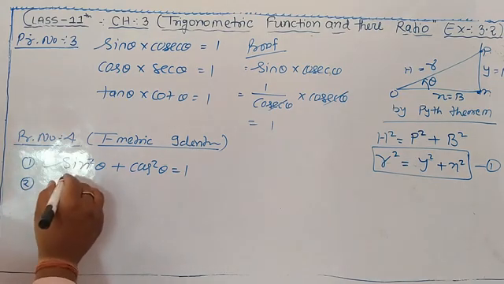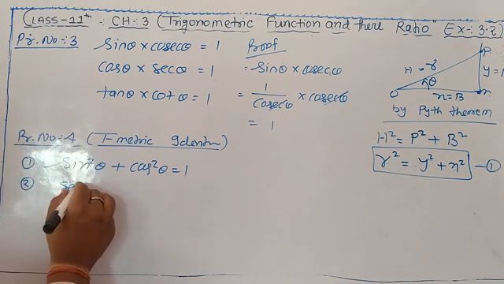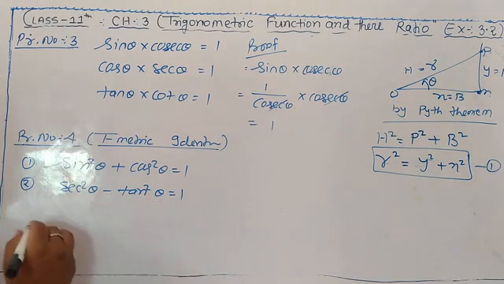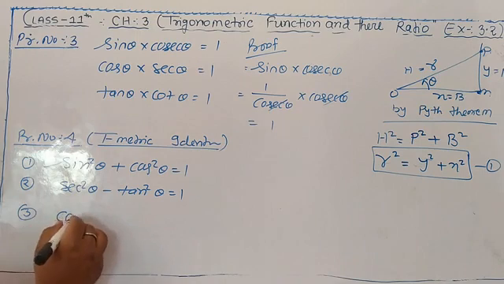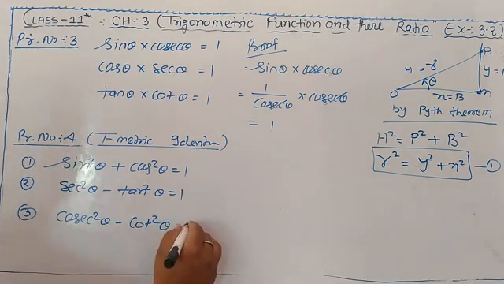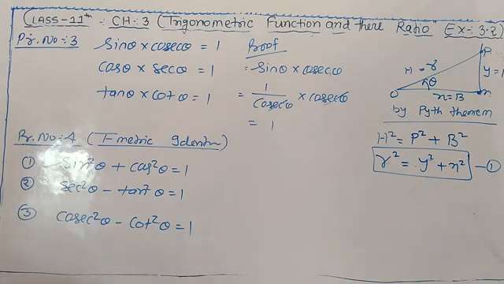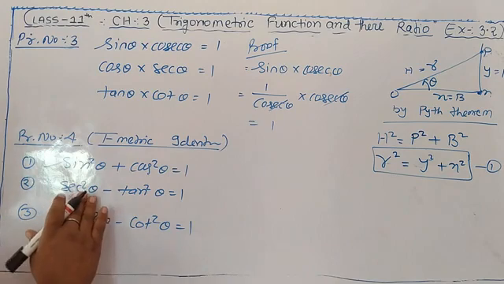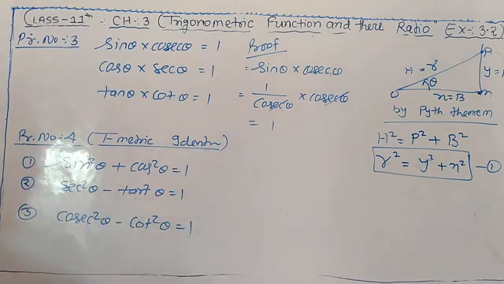Number 2, sec square theta minus tan square theta is equal to 1. Third, cosec square theta minus cot square theta is equal to 1. Very important: sin square theta plus cos square theta is equal to 1, sec square theta minus tan square theta is equal to 1, cosec square theta minus cot square theta is equal to 1.